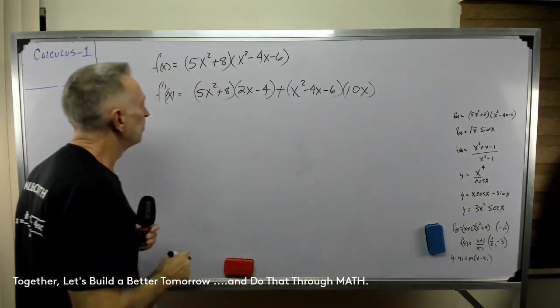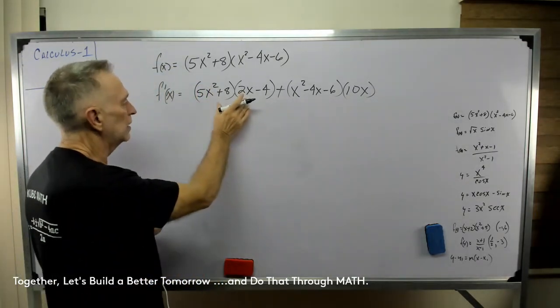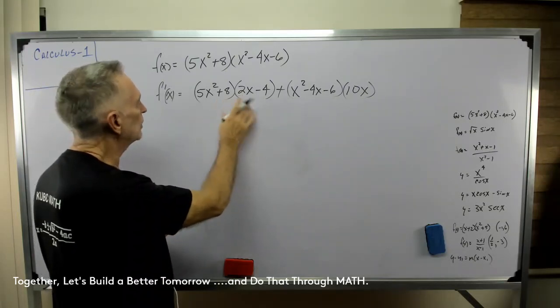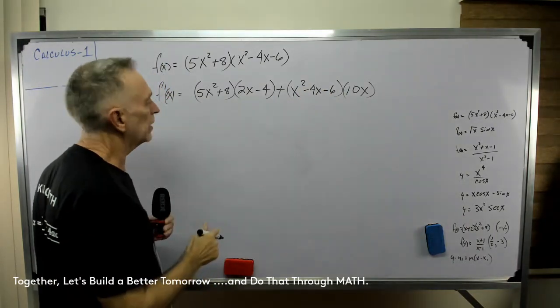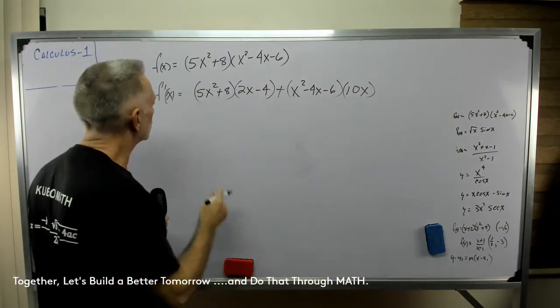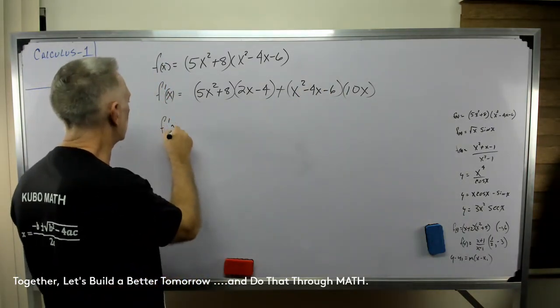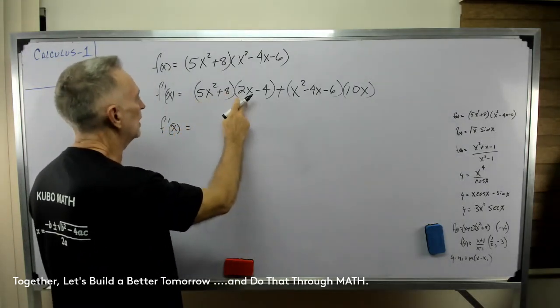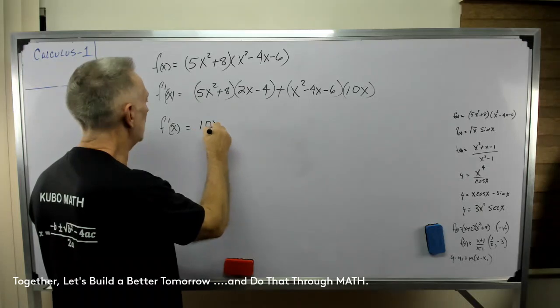All right. Now let's use the FOIL method here and then the distributive property over there, and expand this to the point we see if we can collect terms. All right, so 5x squared times 2x would be 10x cubed.